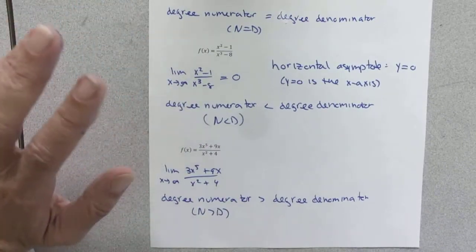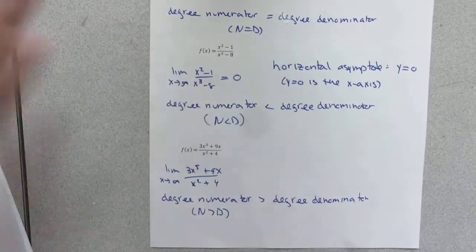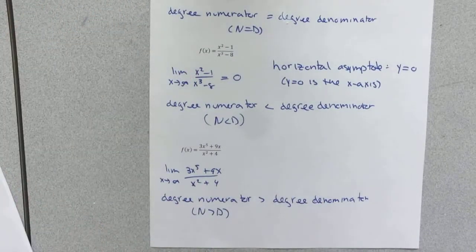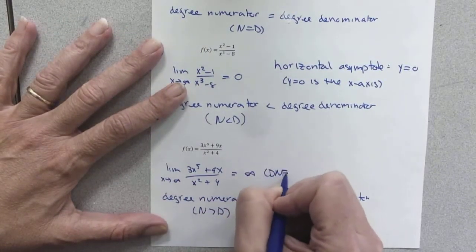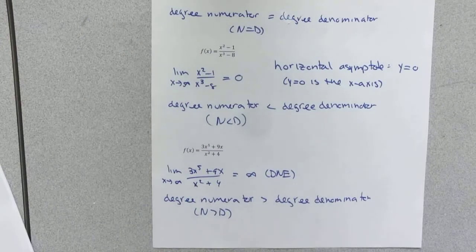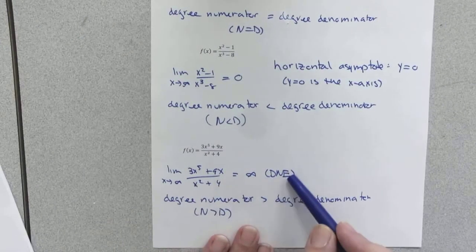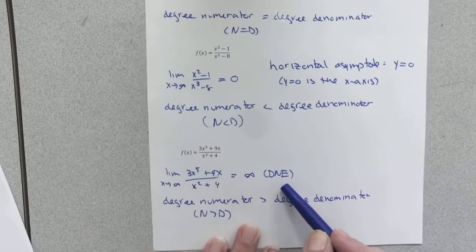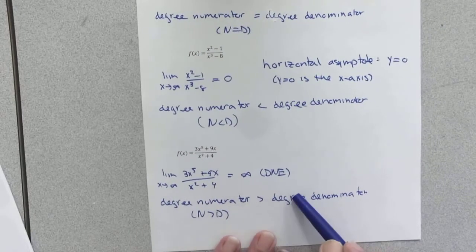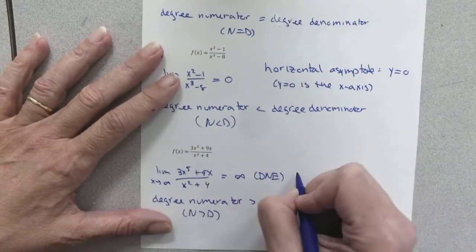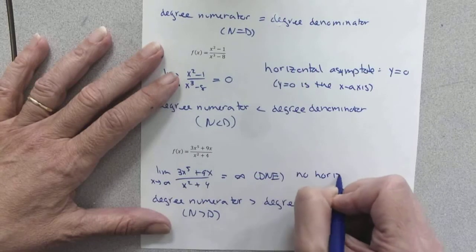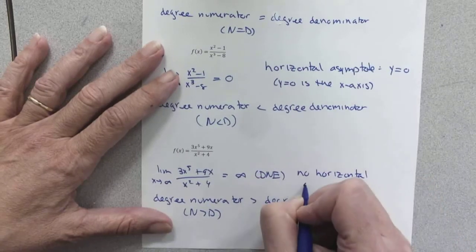When we did this before, we looked at a table to see if this was going to be infinity or negative infinity. And this is going to be infinity, which, remember, is a category of does not exist. Other problems might be negative infinity, but what we really care about is that there isn't a numerical answer here. So the limit does not exist. There is no horizontal asymptote.